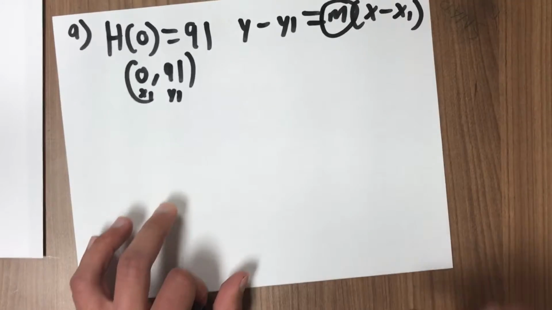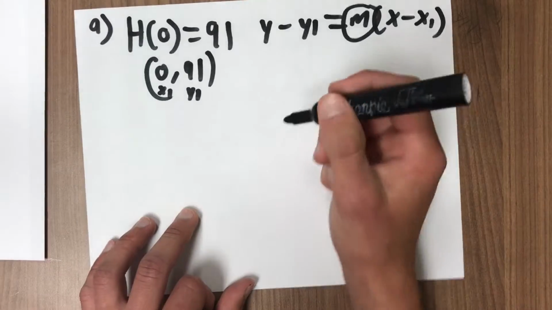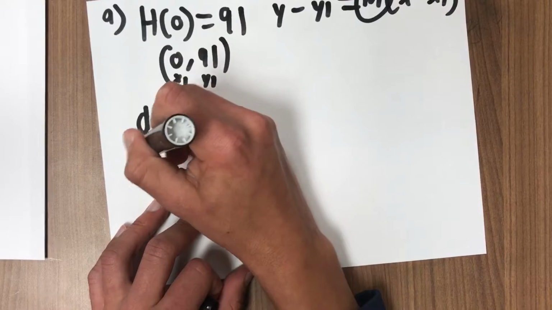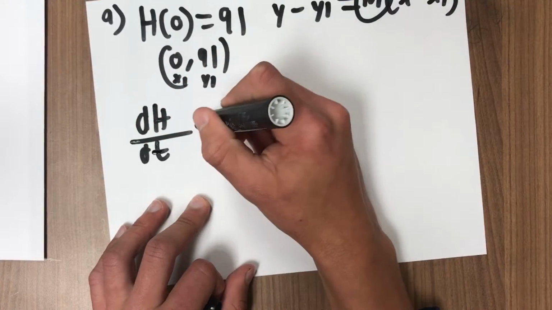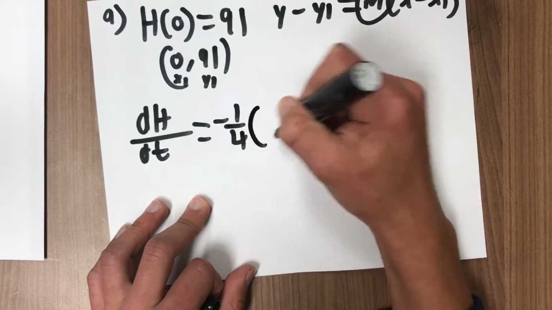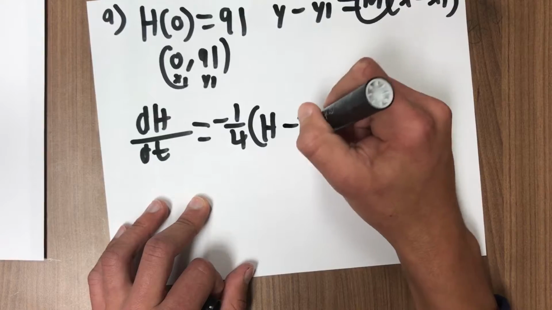find the slope. To find that, what you're going to want to do is use what they give you, which is dh over dt is equal to negative 1/4 times the quantity h minus 27.